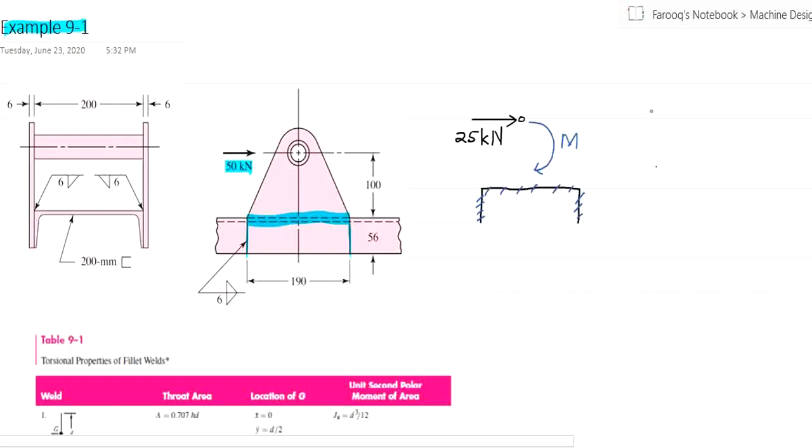Because moment and weld profile are in the same plane, we can say that this weld is going to be applied with torsional stress. And in torsional stress, we know that we need to find primary shear as well as secondary shear.